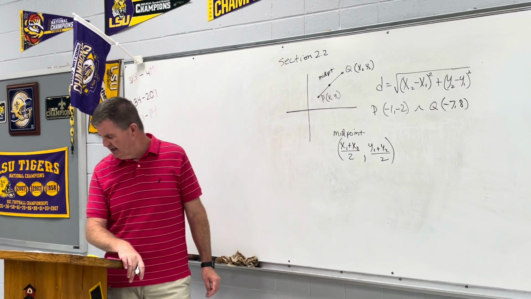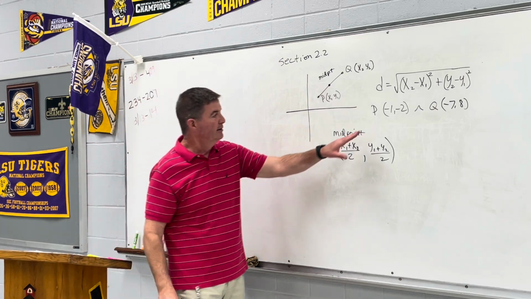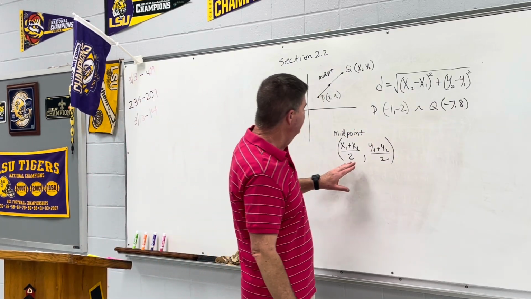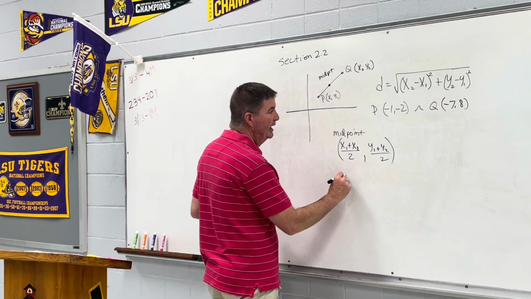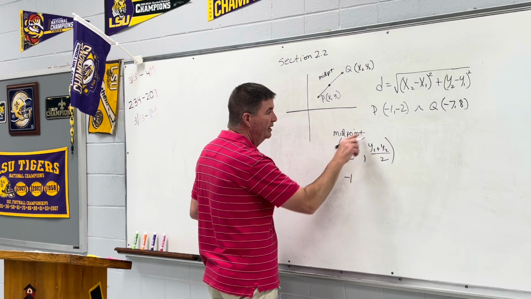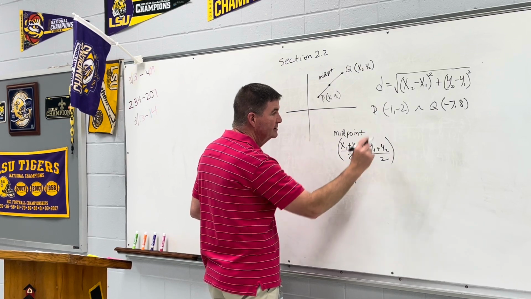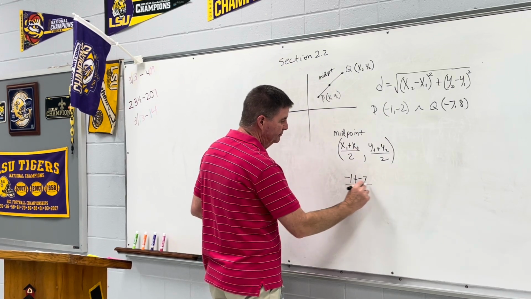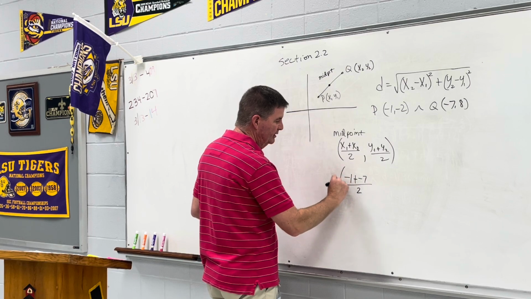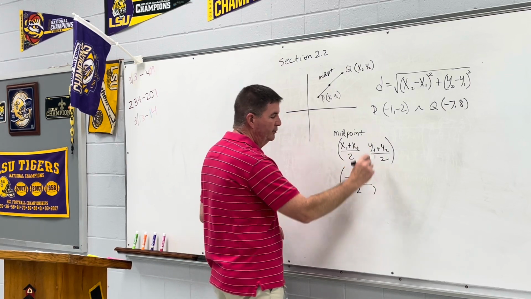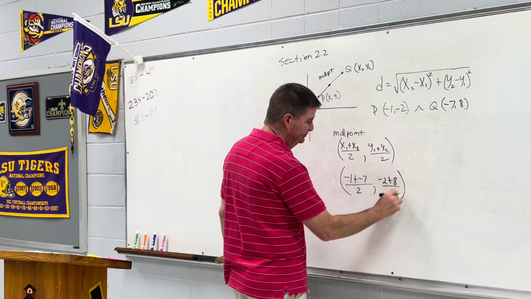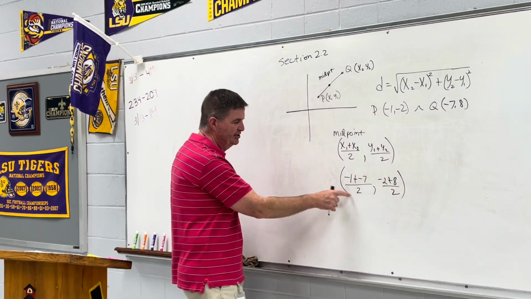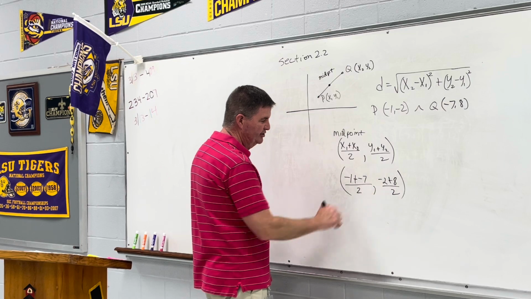If they give us the same ordered pairs, but they say find the midpoint, we are going to plug it in as -1, x1, plus -7 over 2, comma, y1, which is -2, plus 8 over 2. This is the average of the x's, that's the average of the y's.